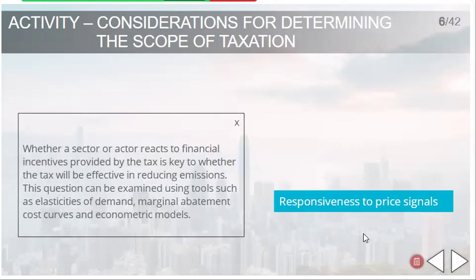And whether a sector or actor reacts to financial incentives provided by the tax is key to whether the tax will be effective in reducing emissions. This question can be examined using tools such as elasticities of demand, marginal abatement cost curves, and econometric models.